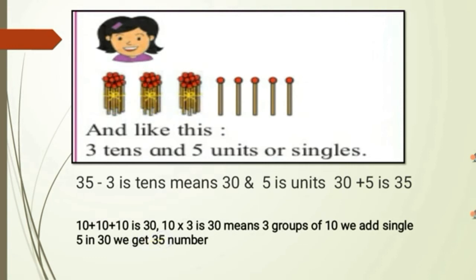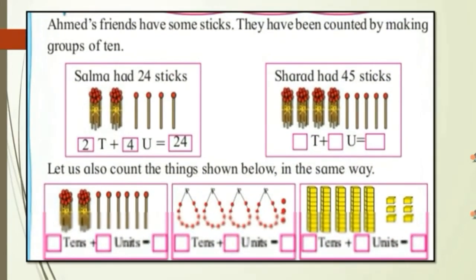And you know the table of 10. 10 threes are 30. Okay. 30 means 3 groups are here. And when we add these 5 sticks to that 30, we get the number 35. If you count this group-wise, you can get the answer easily.